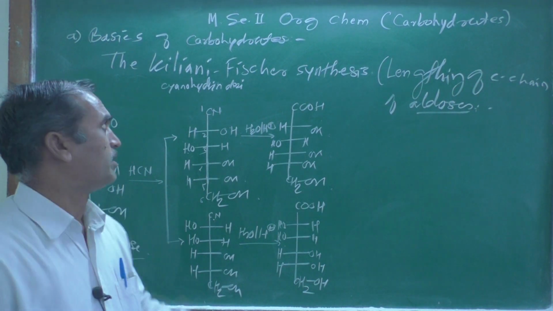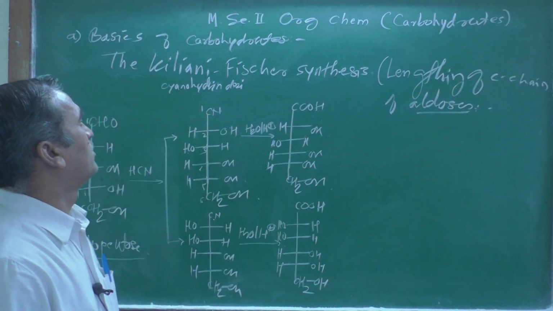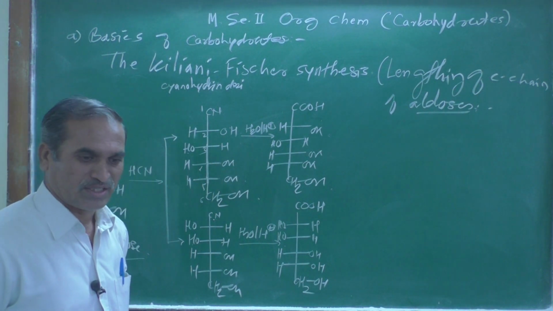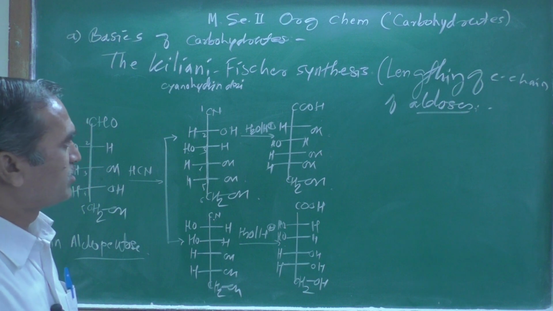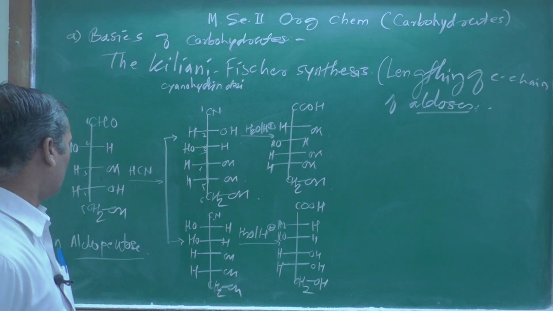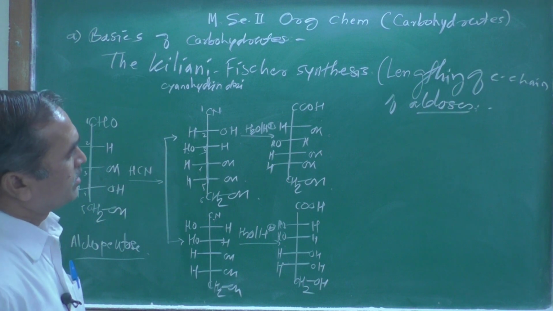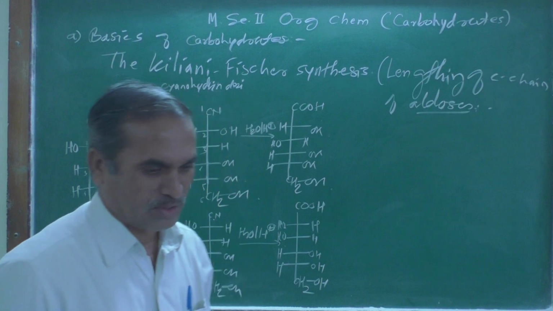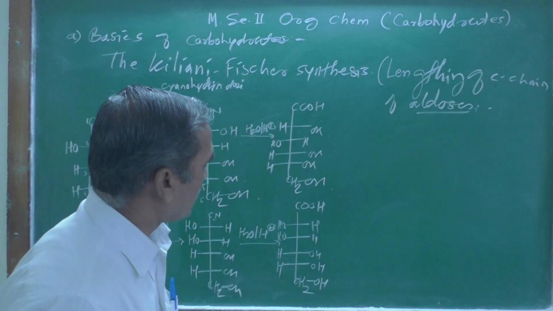So simple, we are discussing the Kiliani-Fischer synthesis, how they have carried out this reaction, starting from the aldopentose. Now, after this, these types of compounds are very unstable.